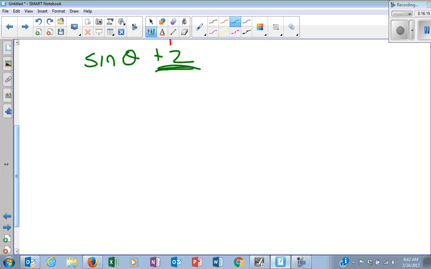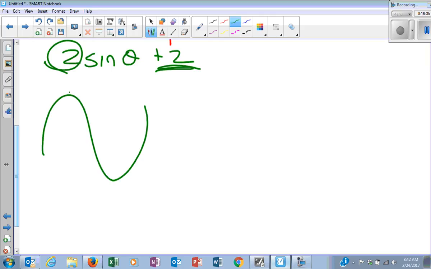It just moves it up 2. Now, it's also going to stretch, and we'll talk more about it. This is the vertical stretch. So think about what would happen if I pulled this up and I pulled this down. It's going to go like that.